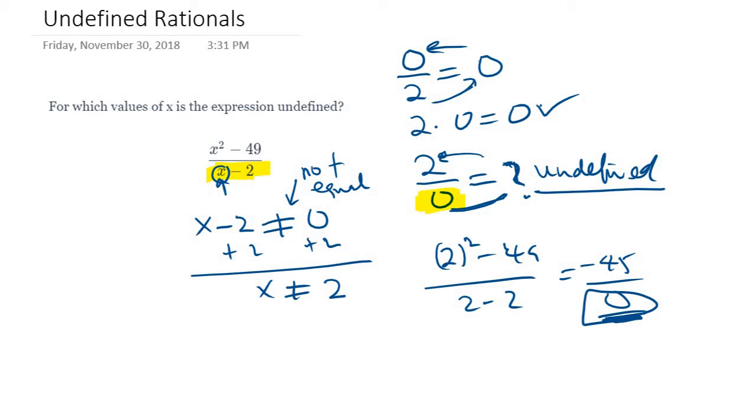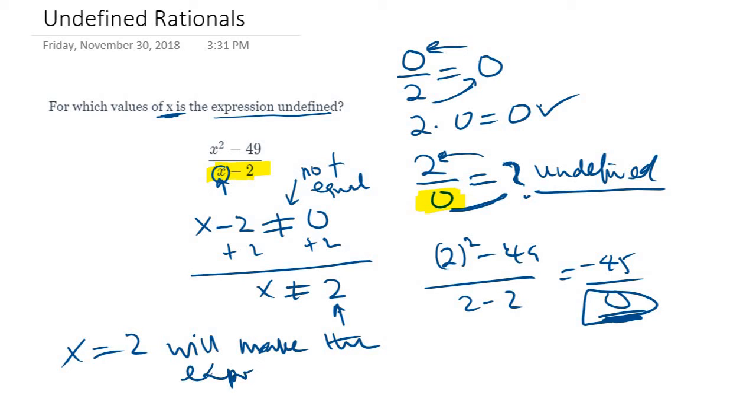So which value of x is the expression undefined? The value will be 2. We don't want to put 2, so it doesn't become undefined. So our answer will be x equals 2 will make the expression undefined.